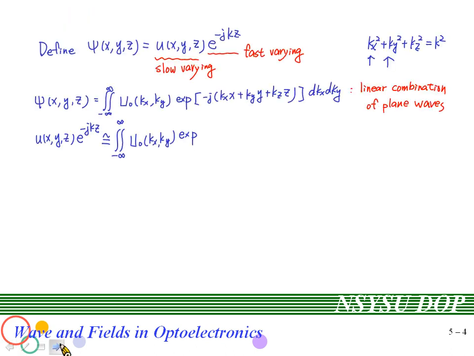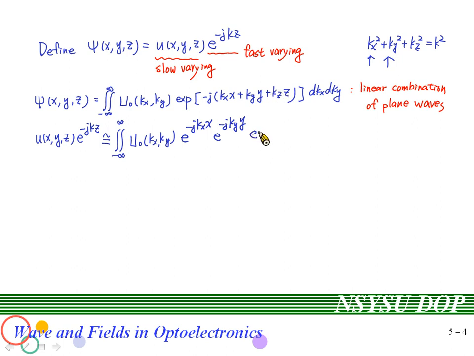So let's do it. For kx, you can write it as exponential minus j kx times x. For ky, it will be exponential minus j ky times y. And here, you can take the paraxial approximation into kz.